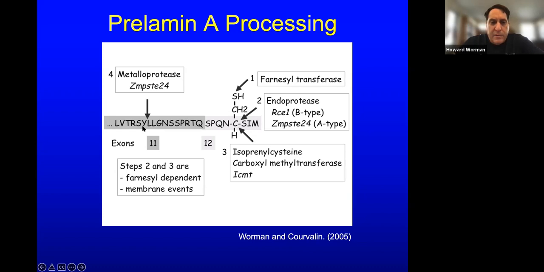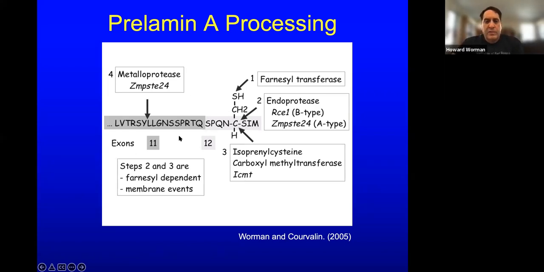And this piece is chopped off and it disappears. Again, it's dependent on the first step. The protein has to be farnesylated for this to happen, and then for this to happen. And this Prelamin A is really gone, and what incorporates into the lamina is Lamin A.